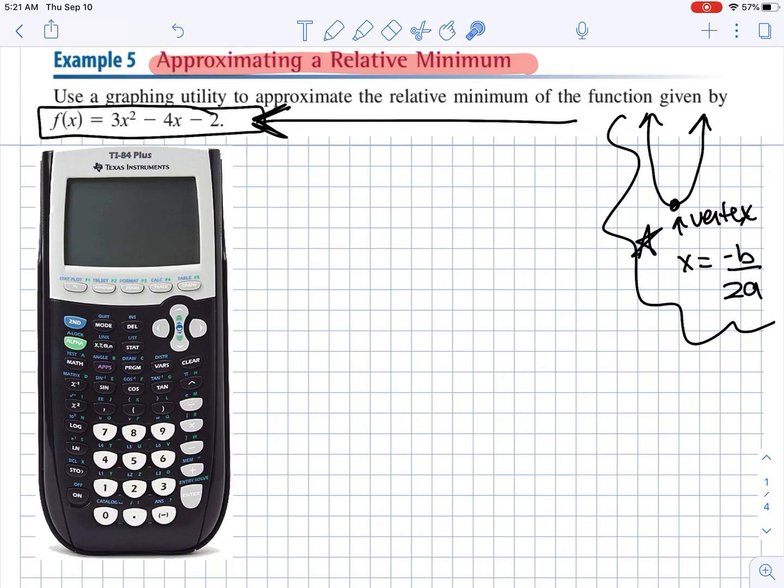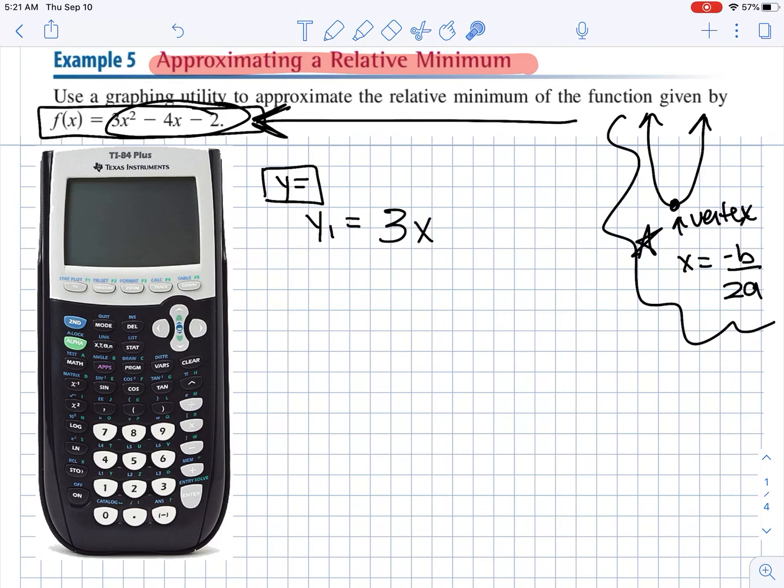So you could use this trusty old way of doing things, or you can put it in your calculator. So what you're going to do in your calculator is hit your y equals key. And when I put something in a box, that's because you're pressing that button. And then when you hit y equals, under y1, you're going to write this in here. You're going to go 3, and then you're going to hit this key, which gives you the value for x.